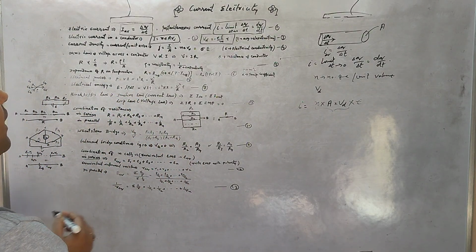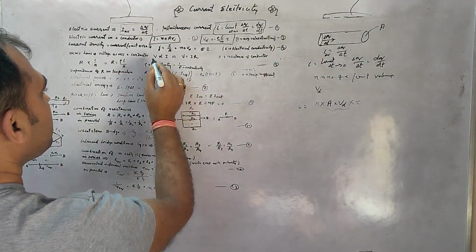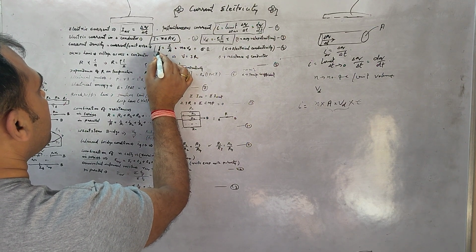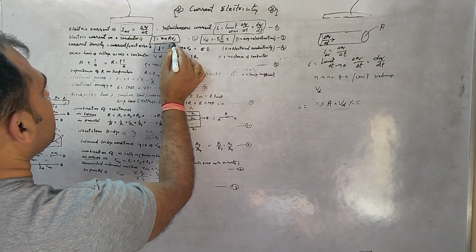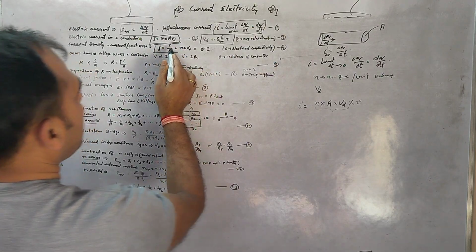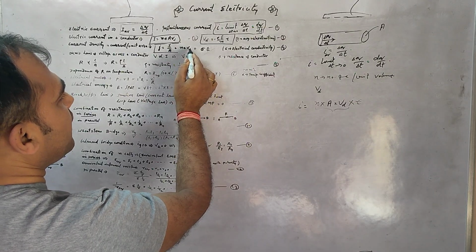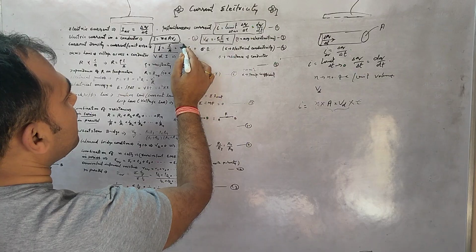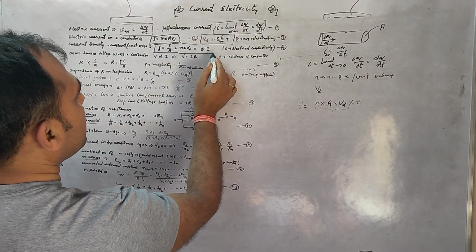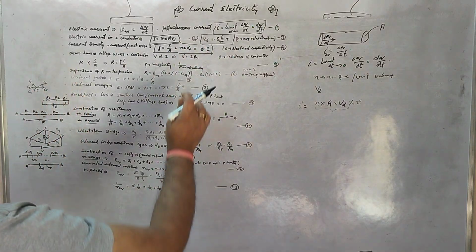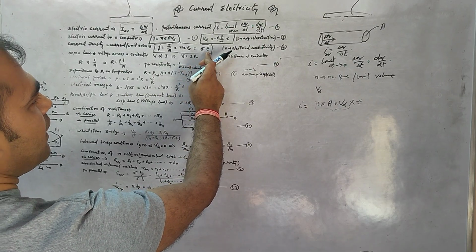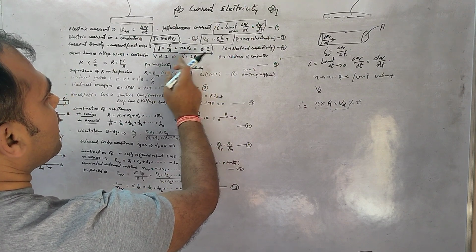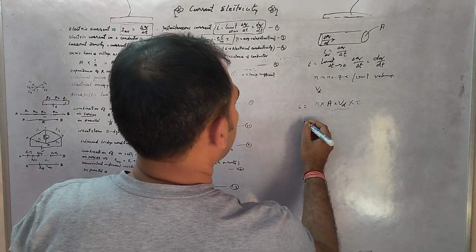Next is current density, that is the electric current per unit area, I by A, n e A vd by A. So this will remain n e vd.